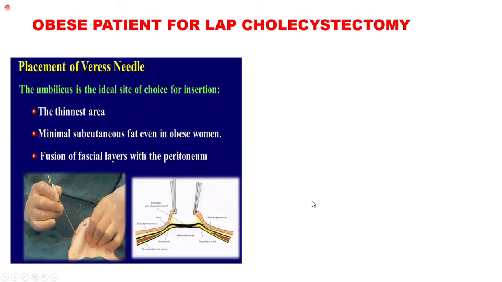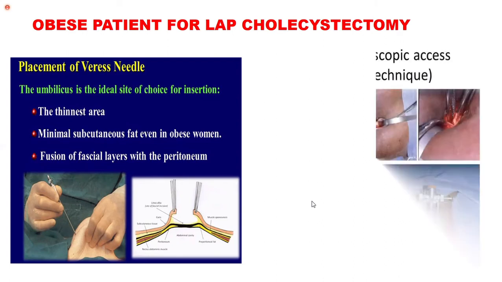So you have to be very vigilant when the surgeon is doing this. So intra-abdominal bleeding or gas embolism are the two important complications which may make the patient collapse at the very beginning of the surgery. So you have to be very watchful.